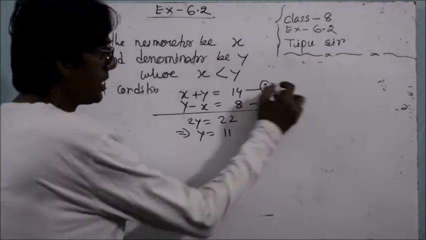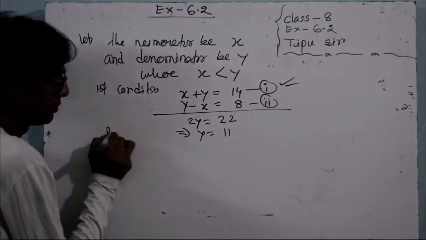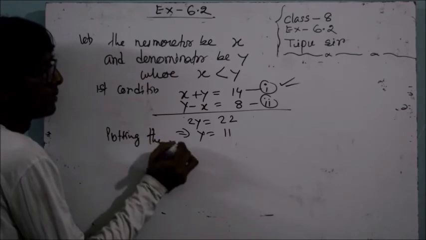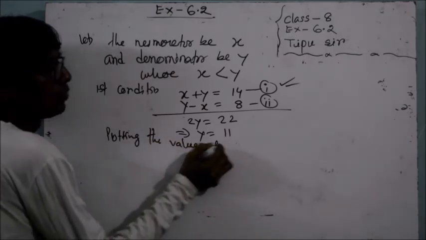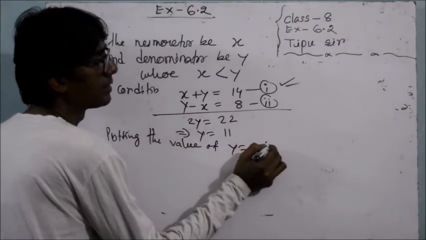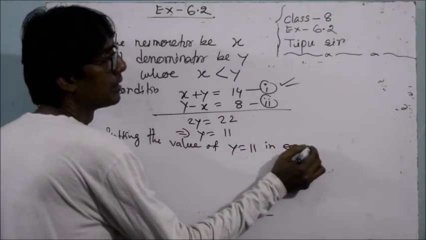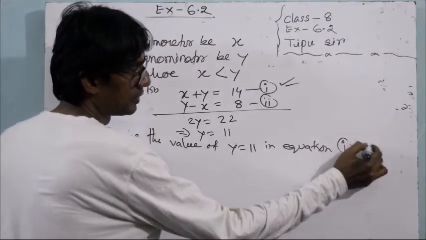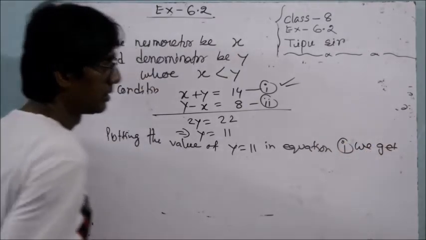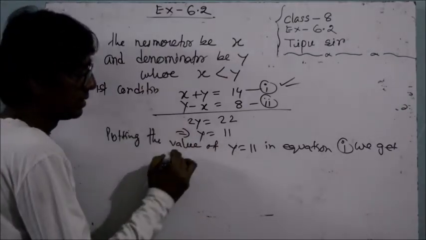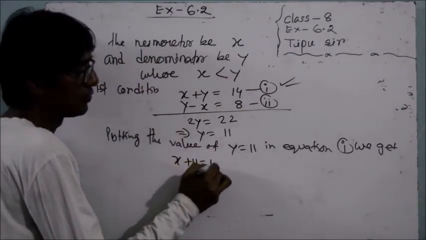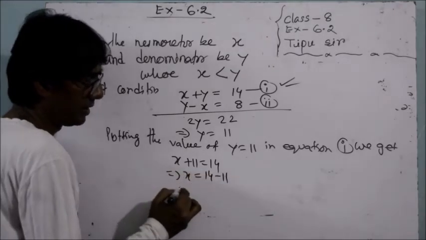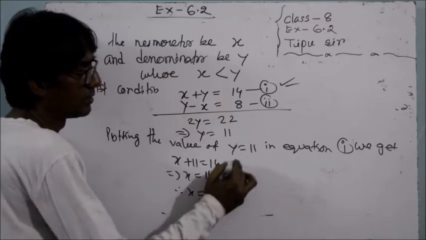Now putting the value of y equal to 11 in equation 1, we get x plus 11 equal to 14, or x equal to 14 minus 11, therefore x equal to 3.